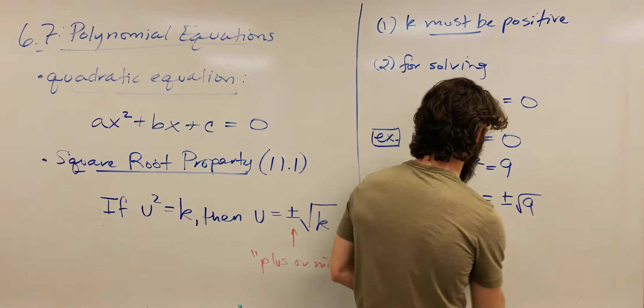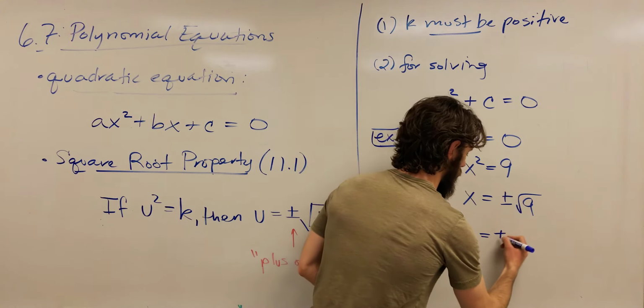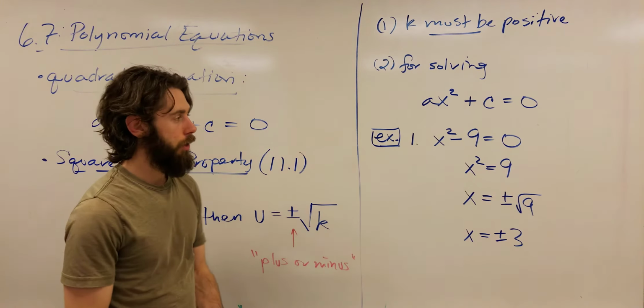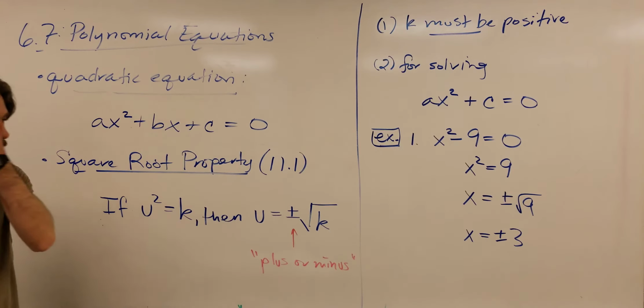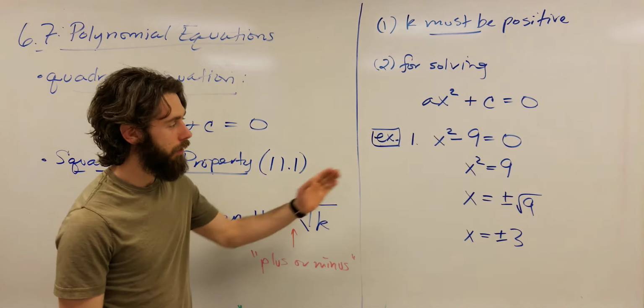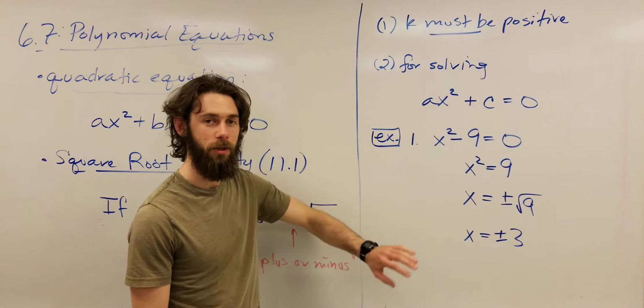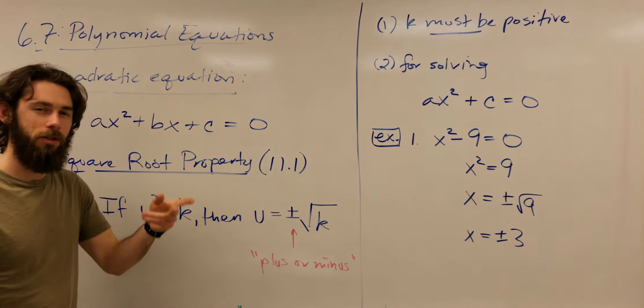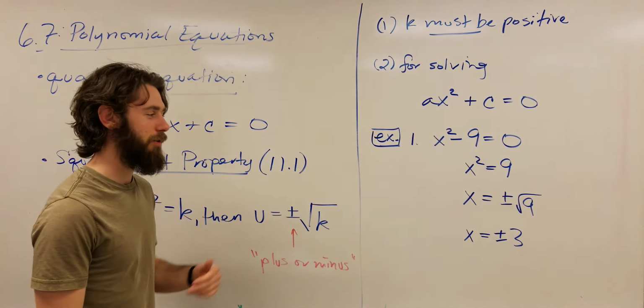So this means x equals plus or minus 3. And that's a general feature of a quadratic equation, is usually you have two solutions like that, because of the squaring in the quadratic equation that causes there to be two solutions instead of just one.